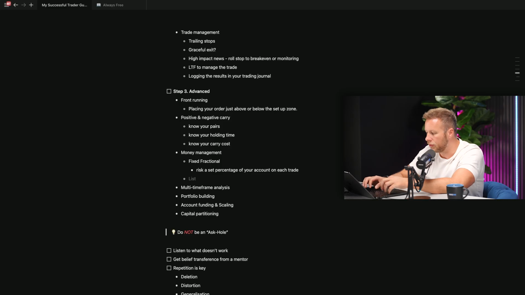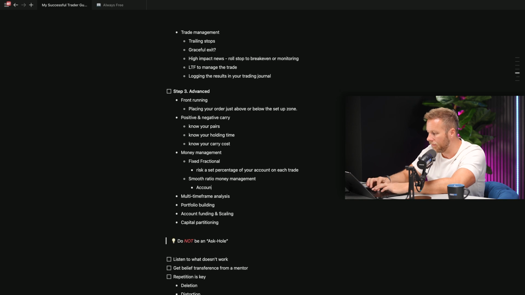There's a more refined method that I want you to know about, and it is called smooth ratio money management. And what this model does is it adjusts your risk based not only on your account balance, but on your trading performance over time.